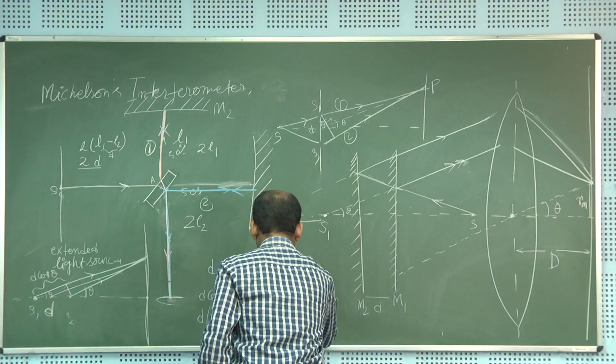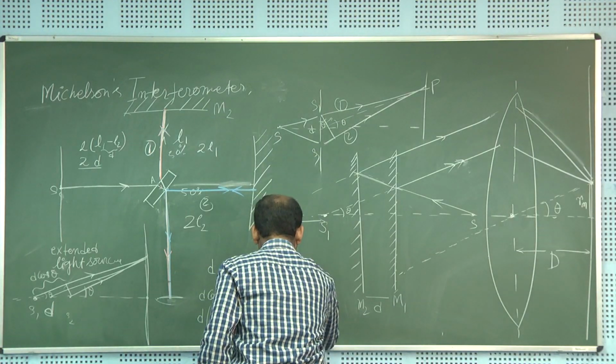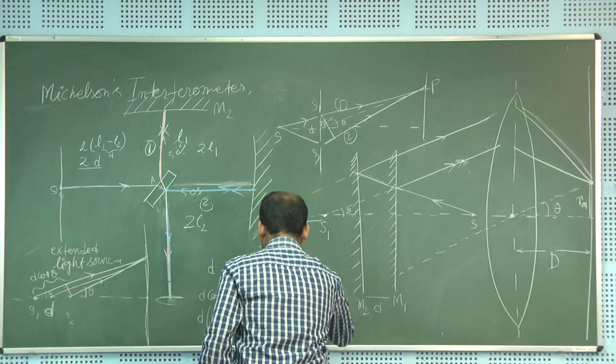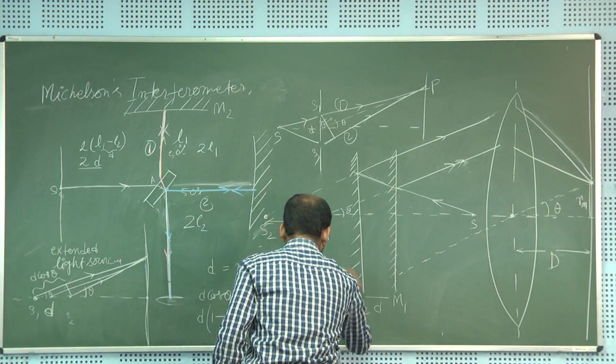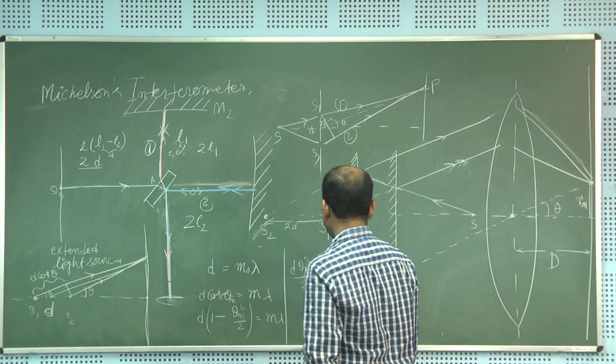And if we use this, then we get d theta m square by 2 as m0 minus m lambda, or n times lambda, right.